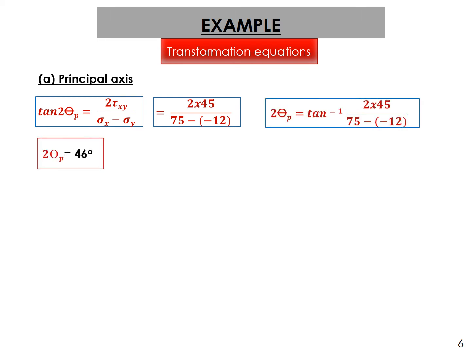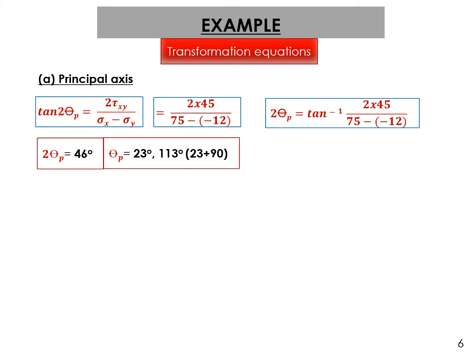So here we get the inclination of the axis, or the location of the principal axis, as 23 degrees. Because there are two axes on an element at 90 degrees, 23 plus 90 becomes 113. So these are the values of the principal axes.